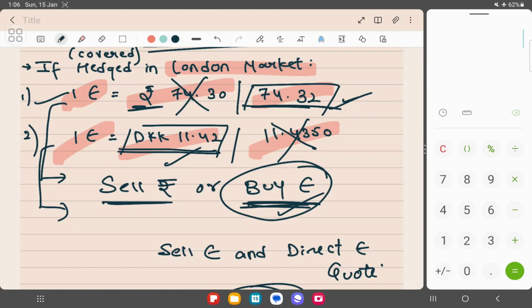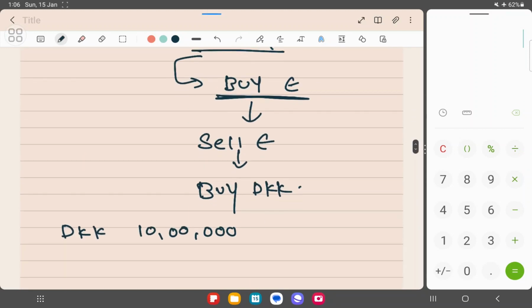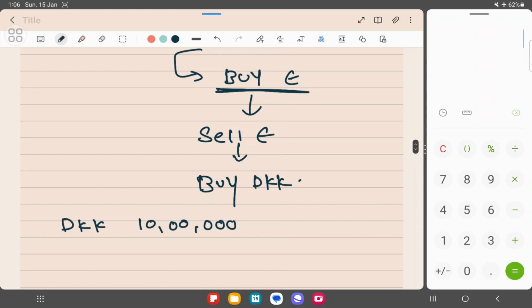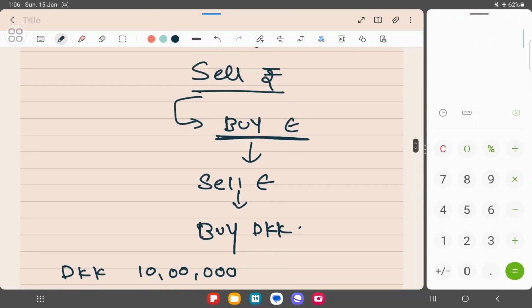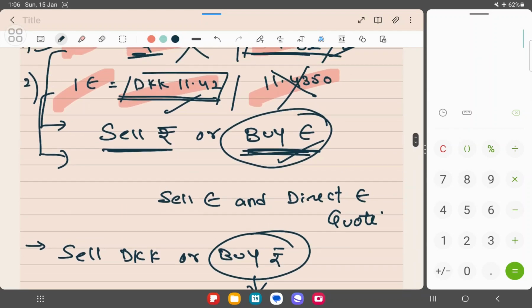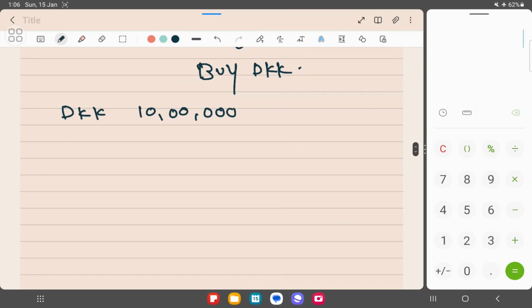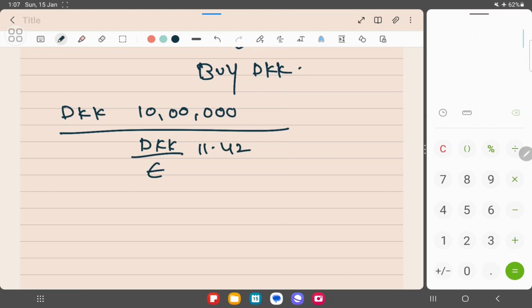But again, unfortunately, it's a direct pound quote, and our exposure is in DKK. So we have to divide. See, only if you divide, the DKK will cancel out and we are left with equivalent pound, correct? So this is divided by DKK per pound, 11.42.